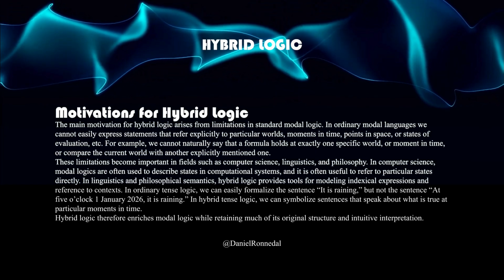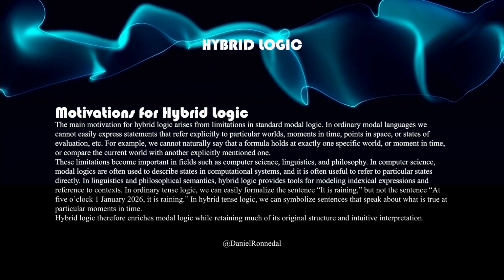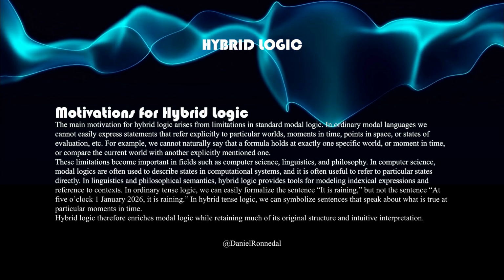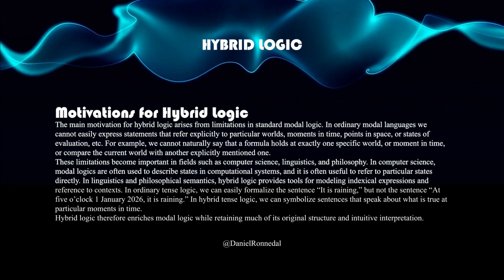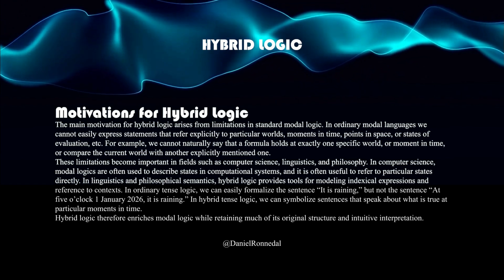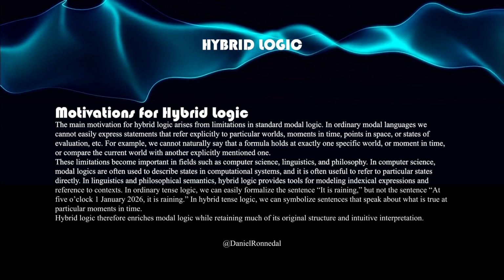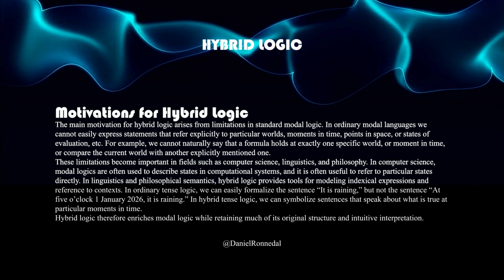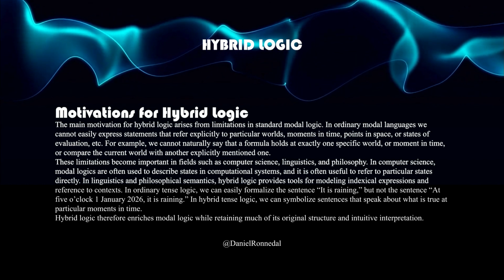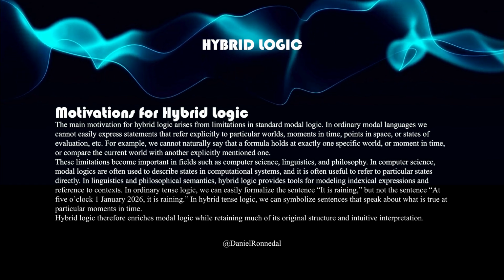These limitations become important in fields such as computer science, linguistics, and philosophy. In computer science, modal logics are often used to describe states in computational systems, and it is often useful to refer to particular states directly. In linguistics and philosophical semantics, hybrid logic provides tools for modeling indexical expressions and reference to contexts.